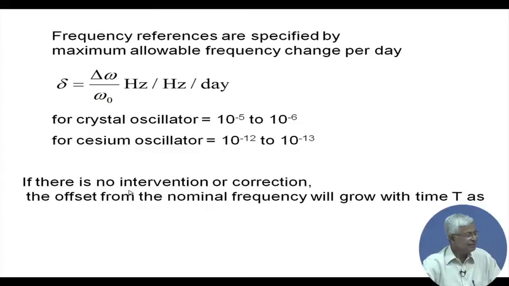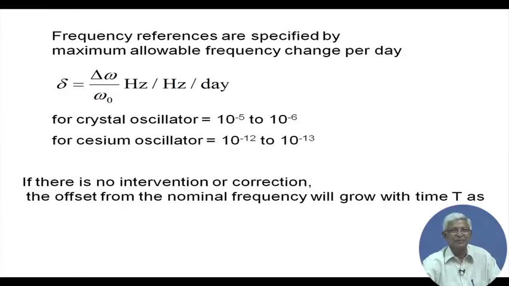Now if there is no intervention or correction, one thing should be noted: this offset from the nominal frequency will grow with time. If the correction is applied after some time, as the time elapses, this error or offset will grow.